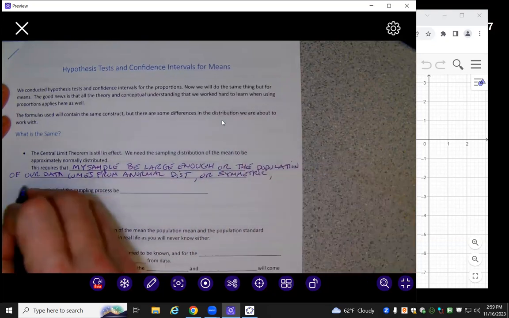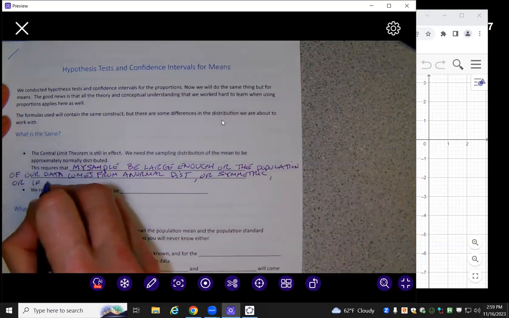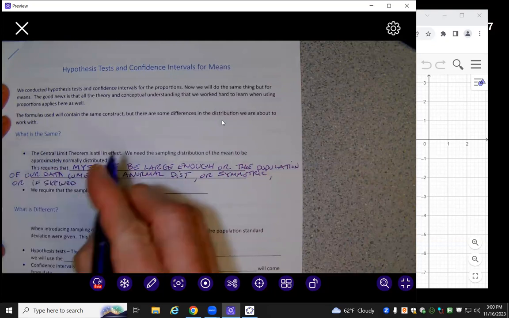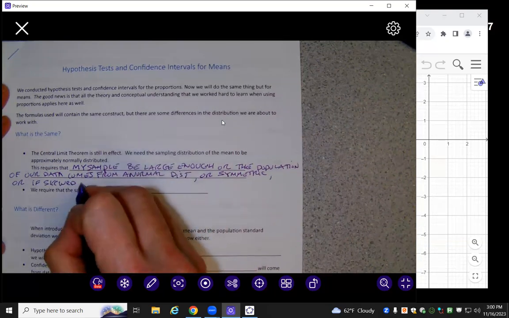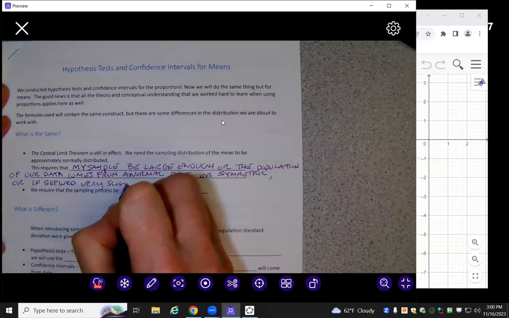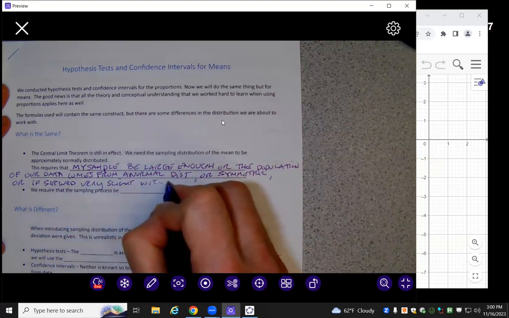Or, it's a lot of ors, if skewed, very slight, with no outliers or no extreme values.